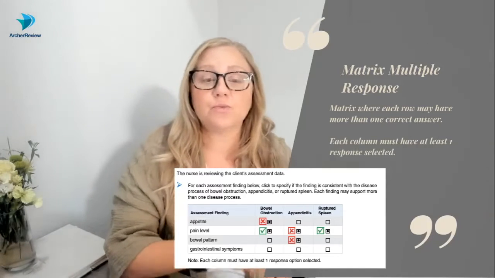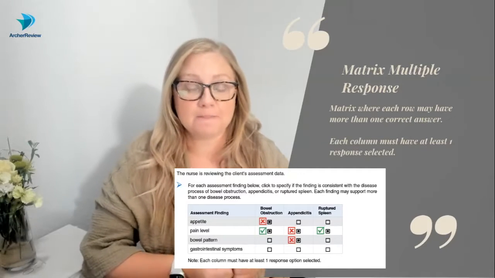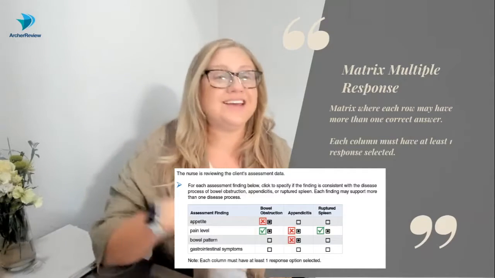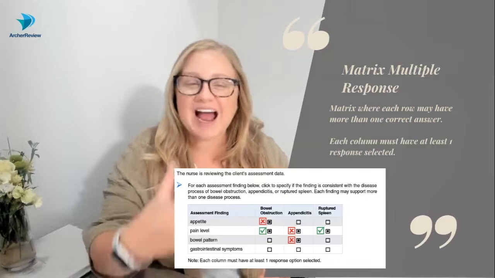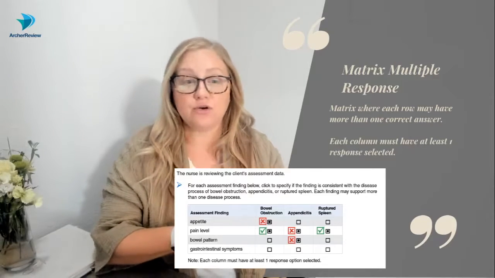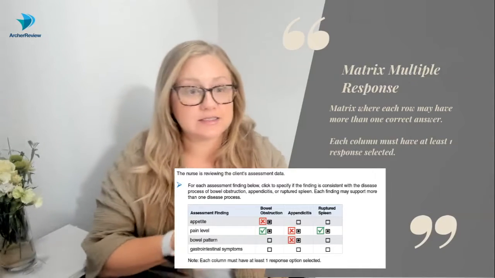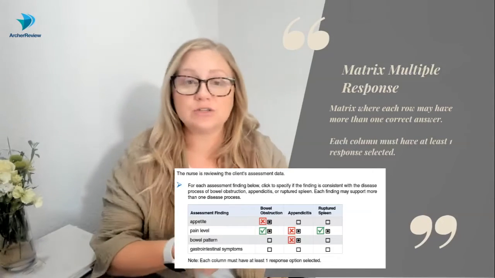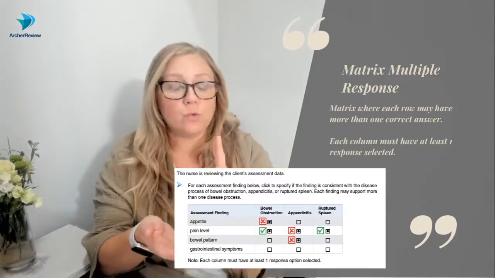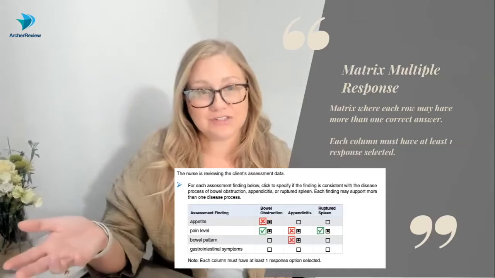And I'm going to select which ones could be indicated by that assessment finding. So I look at the information in the stem about the client's appetite. That's my first row. And I check if that could indicate a bowel obstruction. Could it indicate appendicitis? Or could it indicate a ruptured spleen? I could choose 1, 2, or all 3 of those answers.